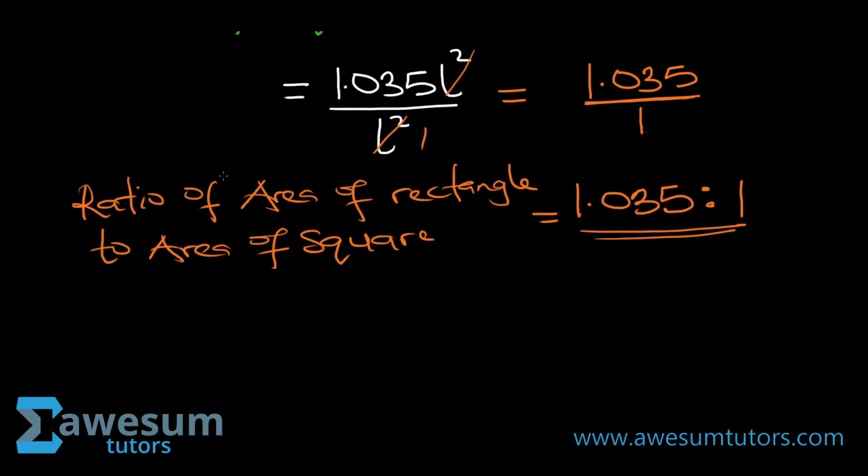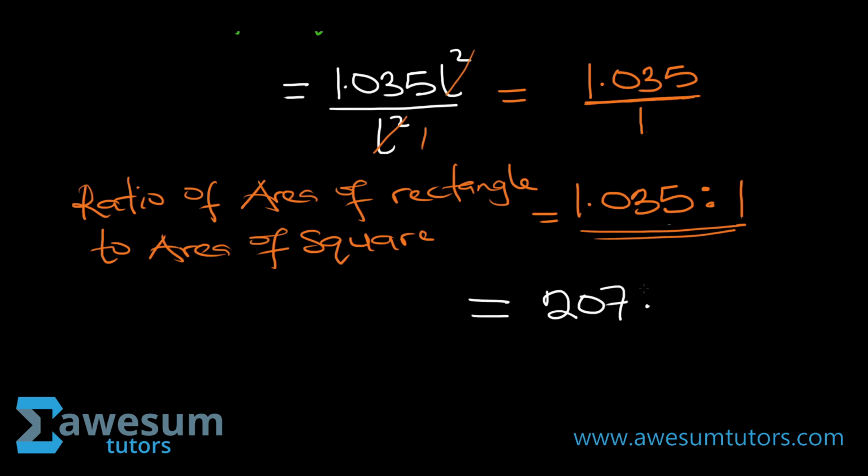For you to do that, you have to look for a number that, when you multiply both of these numbers by it, is going to give you a whole number. A good number for that is to multiply 1.035 by 200, and also multiply 1 by 200.